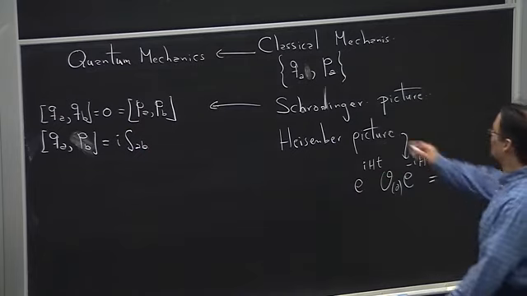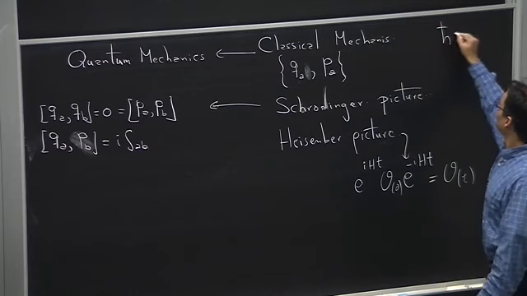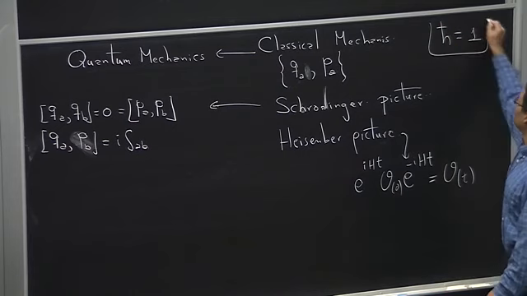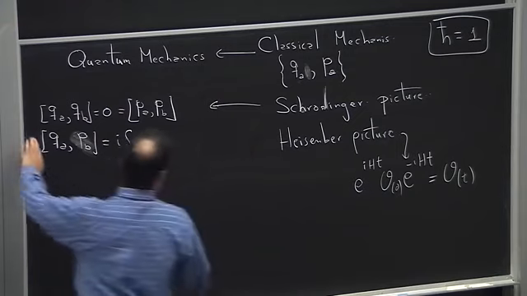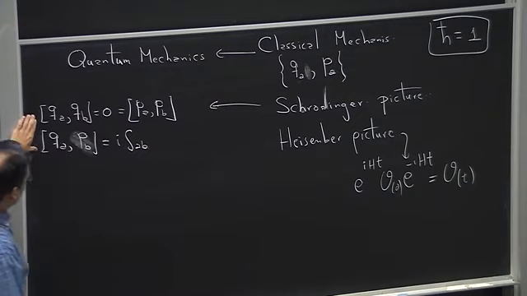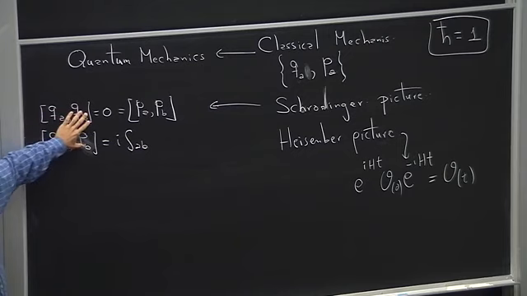Okay. Now, this is the time, again, to remind you that we are setting h bar to 1. Okay? So we're working in units where the speed of light and h bar are equal to 1. Now, this is in the Schrödinger picture, but you see that nothing happens, or I can promote these commutation relations into the Heisenberg picture if I do something.